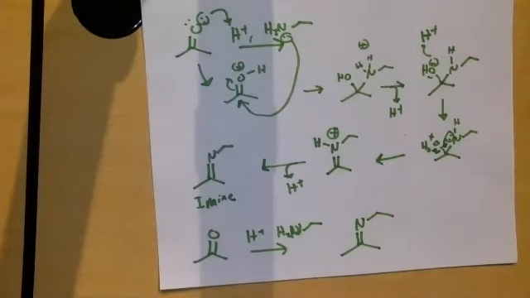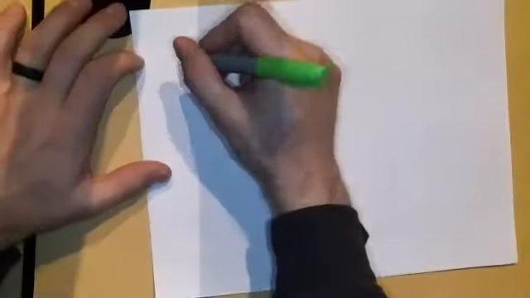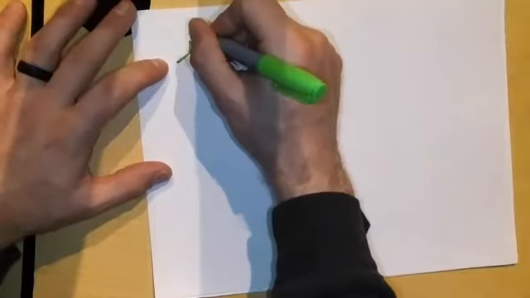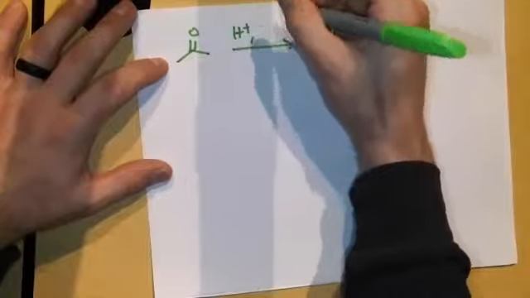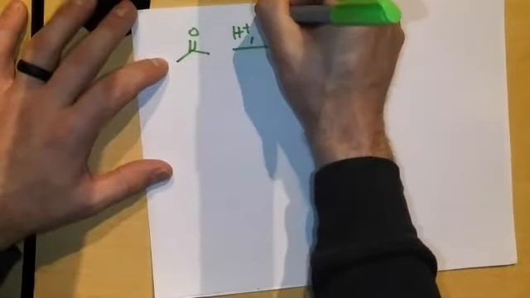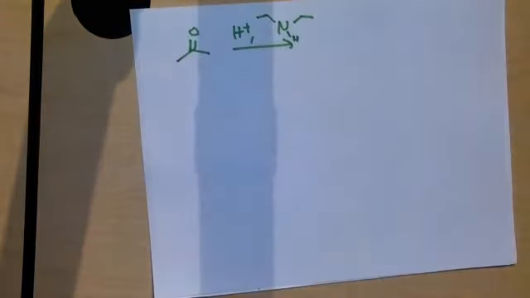All right, if this is secondary, it's going to complicate things a little bit more. 95% of the steps are going to be the same, but the last step is going to have a little bit of a variation to it. So if I take our acetone here still, throw it in with H plus, and now diethylamine, we have two different substituents.